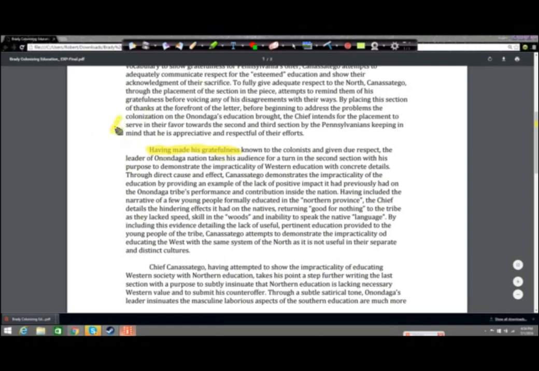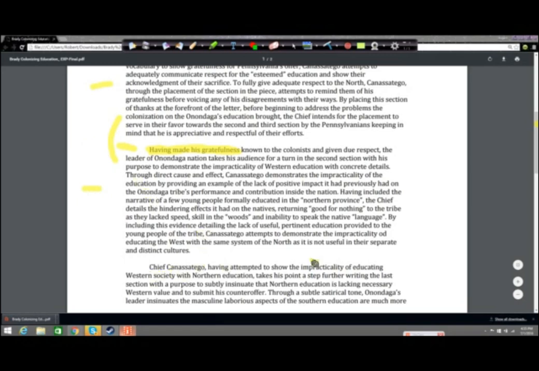So something like this that shows kind of a link between the two paragraphs. This is a little bit of a transition right here, actually. This kind of wording, like having made and stuff like that, can help you out and can help make your essay more well-rounded and just flow a little bit better. So you're going to want to have a sentence for your second paragraph that ties the two paragraphs together.